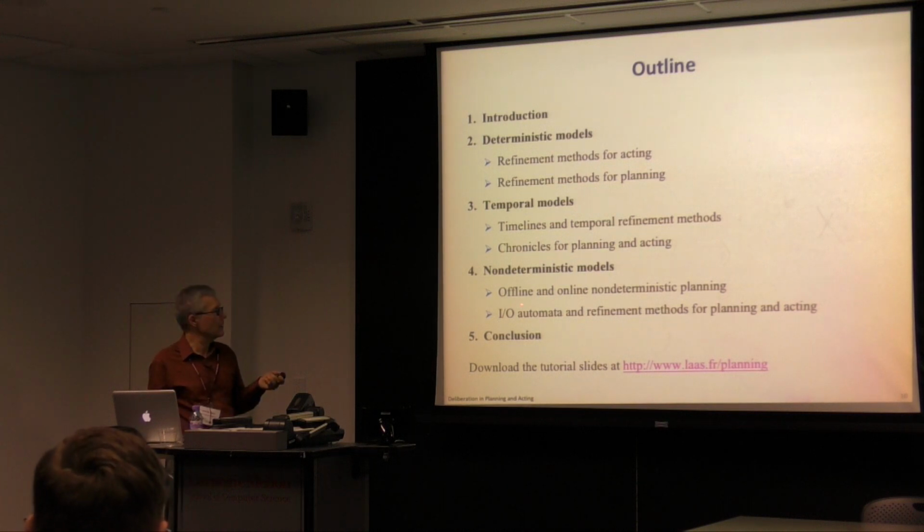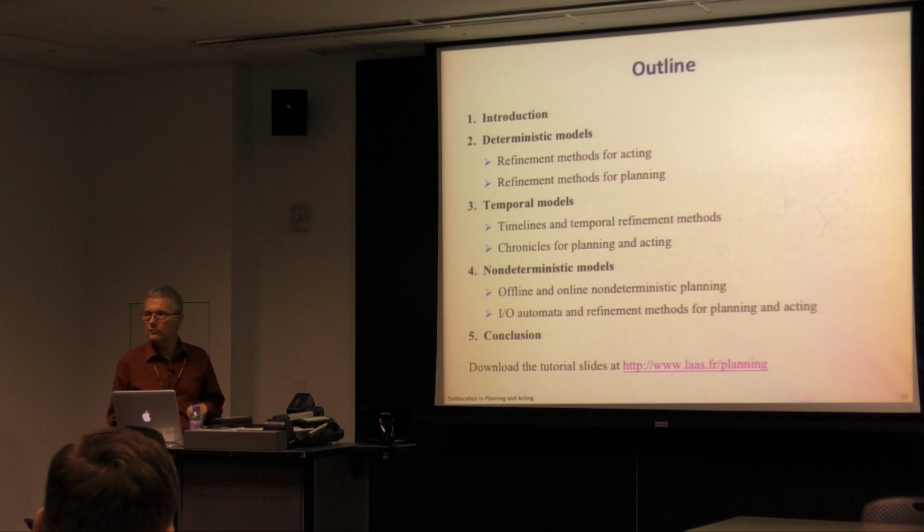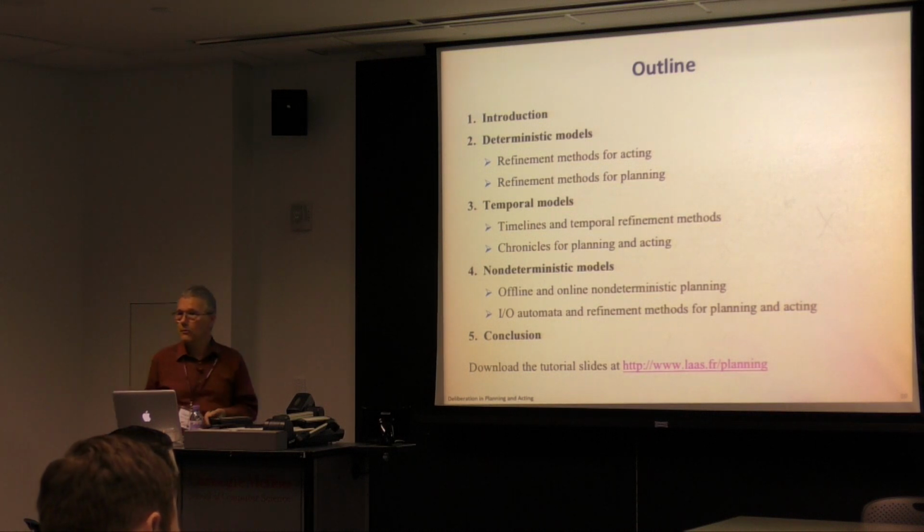Non-deterministic models and how to do the reasoning about non-determinism both offline and online. And a little bit about some work with input-output automata and refinement methods in this domain. And then finally some conclusions. And then just as a reminder, if you want any of these slides, here's where you can download them. All right?